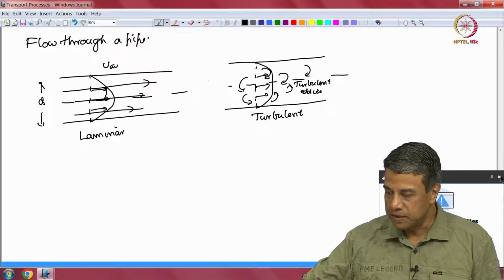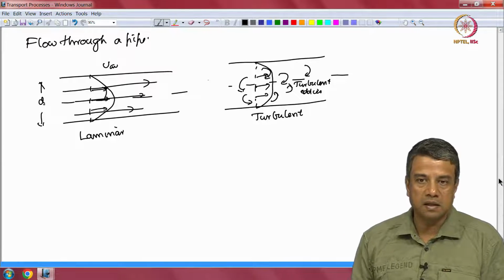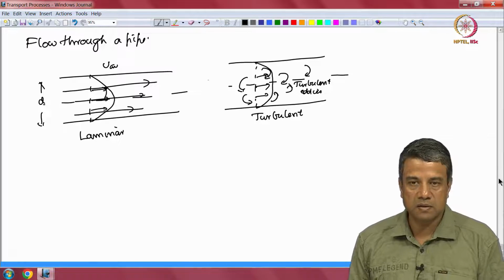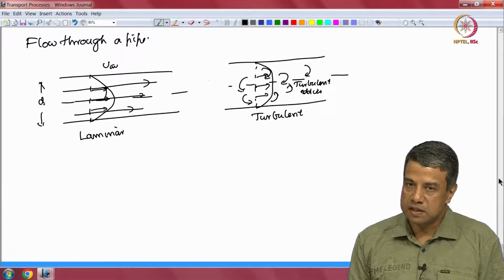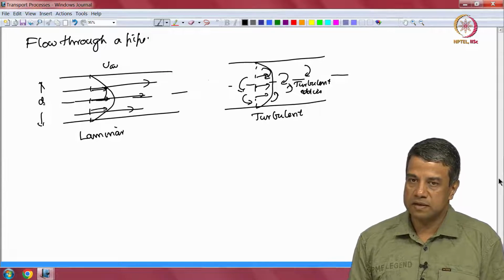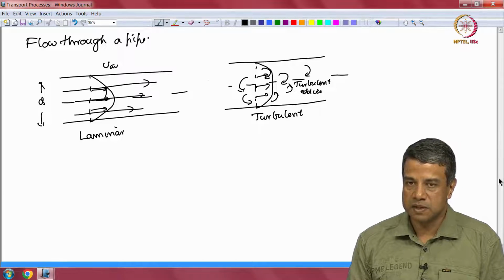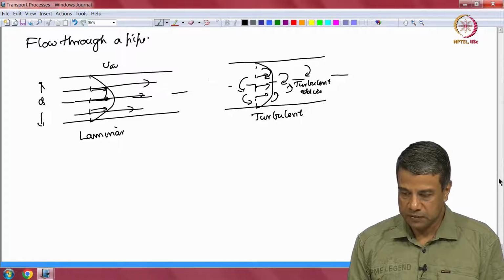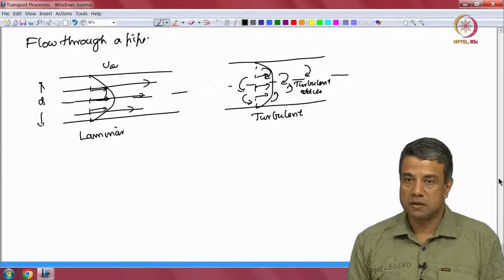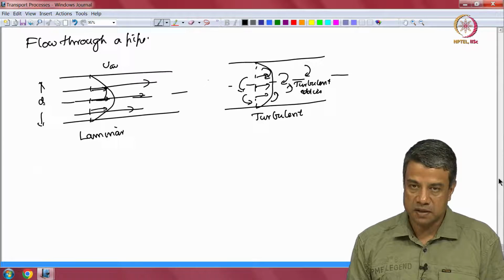I am sorry, the instantaneous velocity perpendicular to the flow direction is in general non-zero, but the average of that instantaneous velocity is 0. So, if you average the velocity over some time period, it will be 0, but instantaneously that velocity is non-zero. So, you have fluid velocity in all three directions simultaneously, which are fluctuating in time.